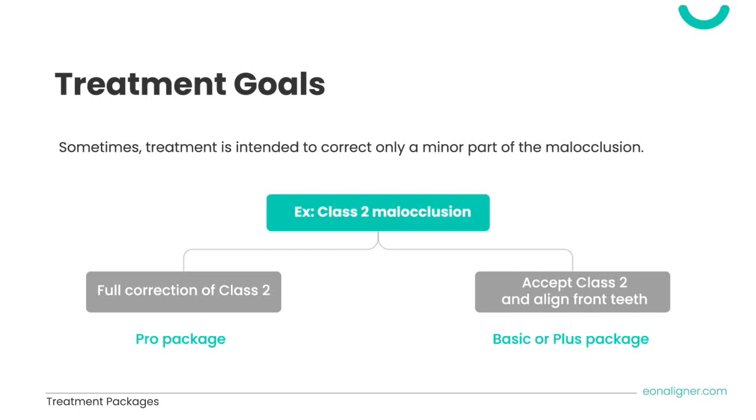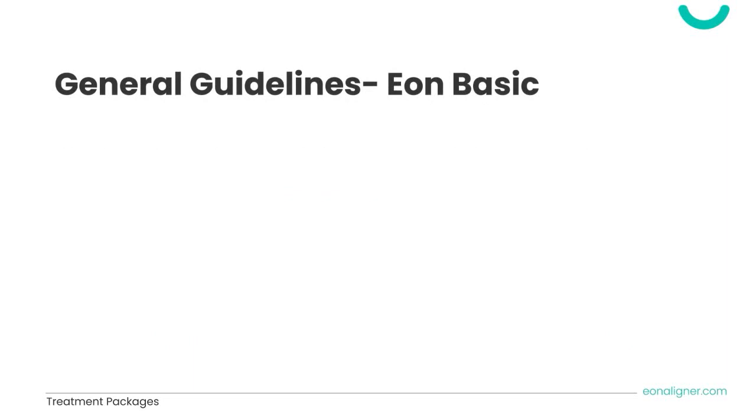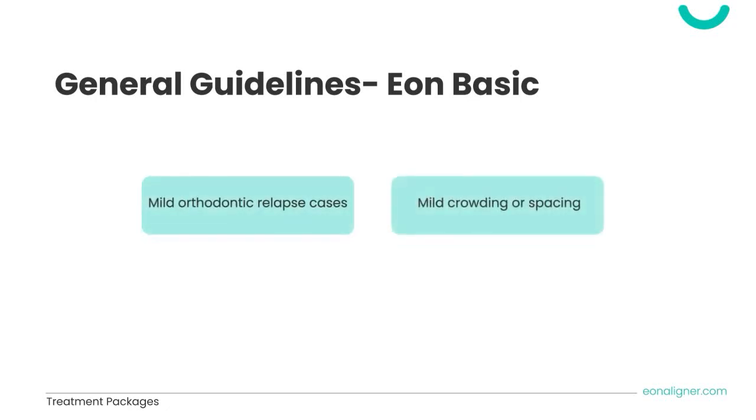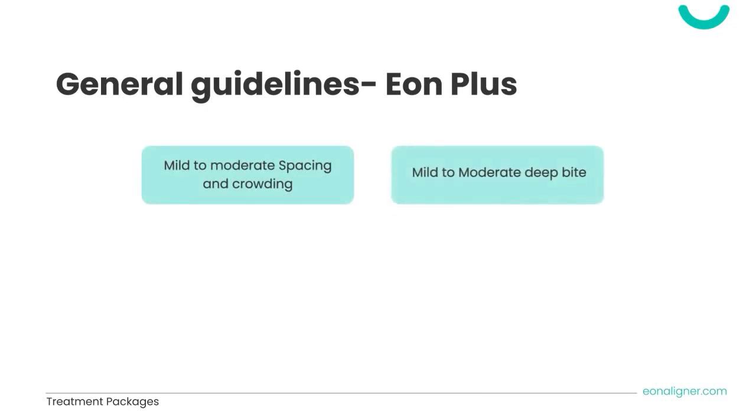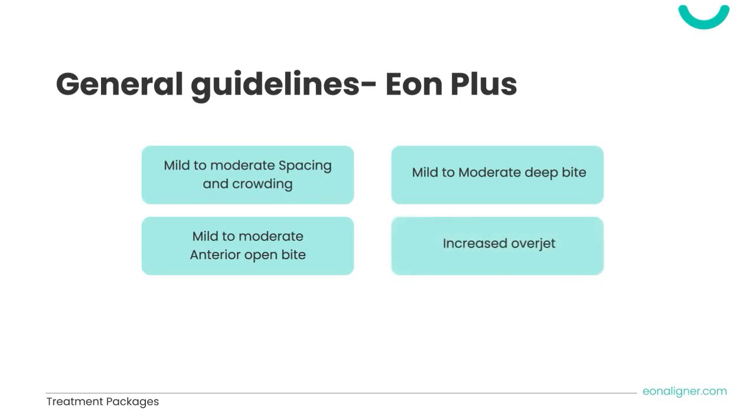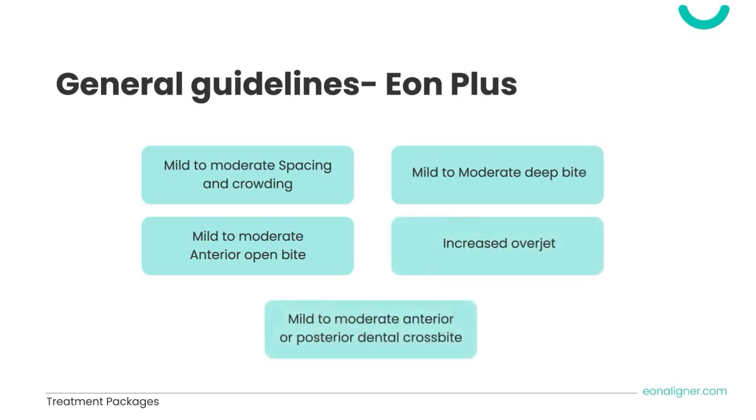Now, let's look at some general guidelines that will categorize the cases treated in each package. Basic is usually indicated for cases of mild orthodontic relapses, very mild spacing and crowding. Indications for Plus cases generally include mild to moderate spacing and crowding, up to 5 mm, mild to moderate deep bite, mild to moderate anterior open bite, up to 3 mm, increased overjet, up to 4 mm, mild to moderate anterior or posterior dental crossbite.